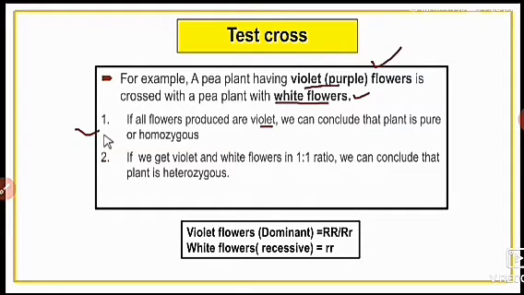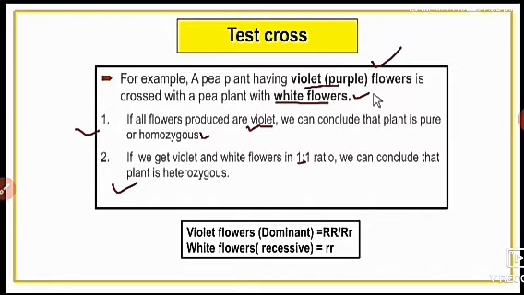In this cross, if all flowers produced are violet, we can conclude that the plant is pure or homozygous. Homozygous means similar genotype, capital RR for the violet. And if we get violet and white flowers in the ratio 1:1, then the plant is heterozygous, meaning the genotype is different.